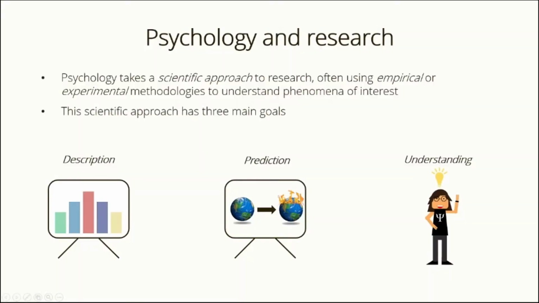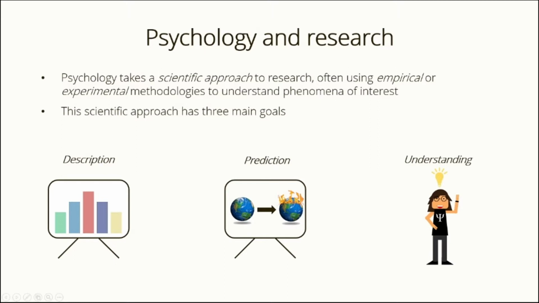I mentioned previously that the scientific approach includes description, prediction, and understanding. So psychology takes a scientific approach to research, often using empirical or experimental methods to understand the phenomena of interest. We want to describe: summarize data and produce it in a way that makes events and the relationships between them easily understandable.